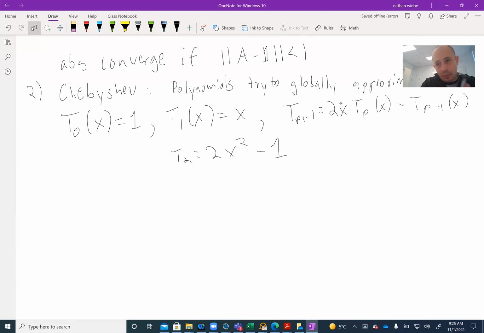There's a couple of really beautiful properties about Chebyshev polynomials. I guess the first one I mentioned is that they form an orthonormal basis. So in particular, it's possible to define an inner product between the Chebyshev polynomials, which is expressed as an integral over the domain -1 to 1.